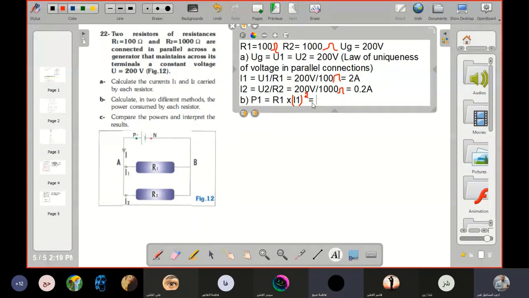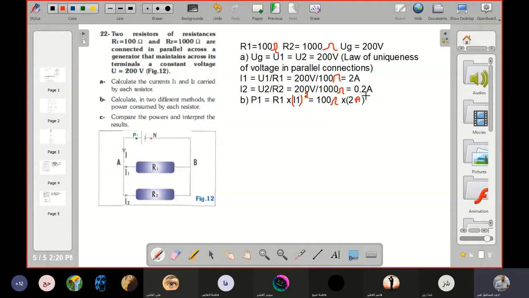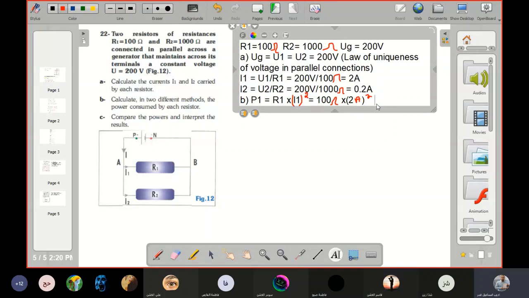P1 equals 100 ohms times (2 amperes) squared. 2 squared is 4, times 100 is 400.